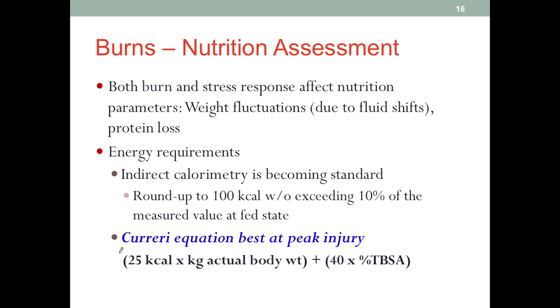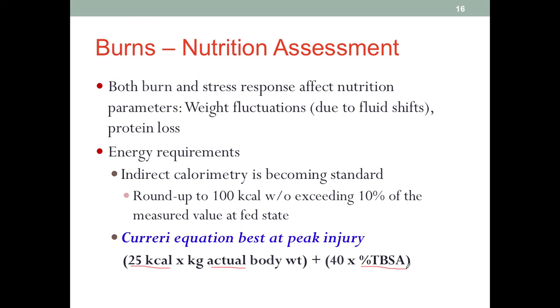Just to show a bit about this equation, we can see that it uses actual body weight, and we only provide about 25 calories. So that's a pretty typical amount. And then we do add extra based on the percent of total body surface area that is burned.